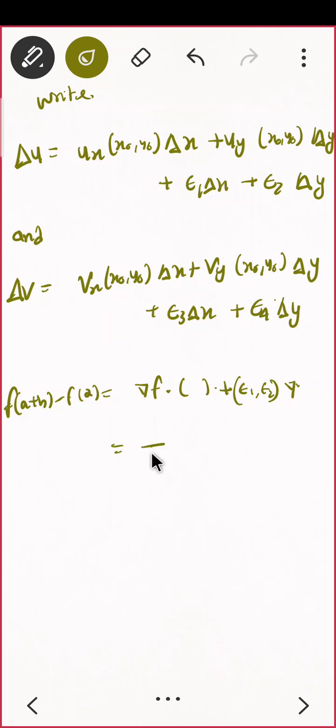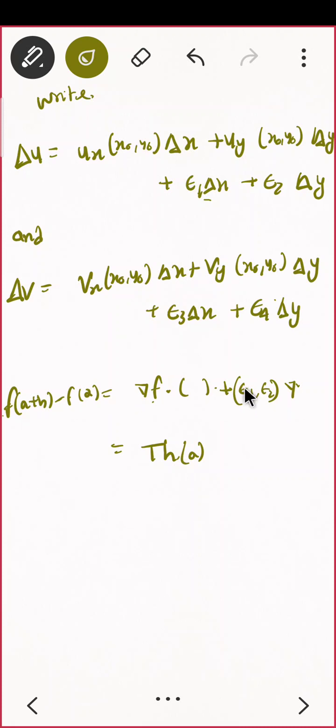This is equal to something like th of e, and th of e can be written in terms of delta f. Correct? The condition is that, removing the limit, I am just writing this part. I hope you are able to relate to that. Yes, I can relate this function in terms of the gradient vector.